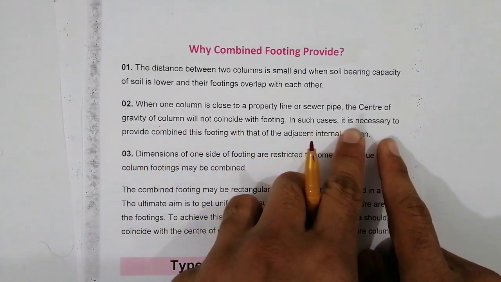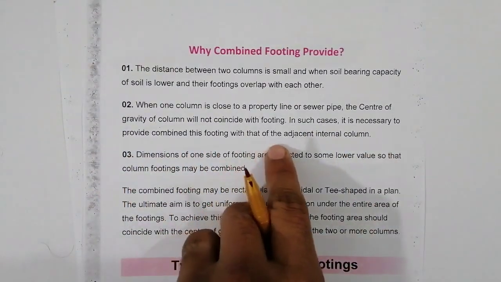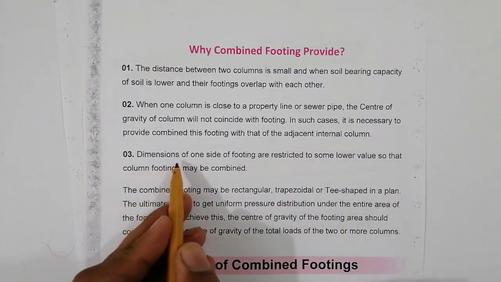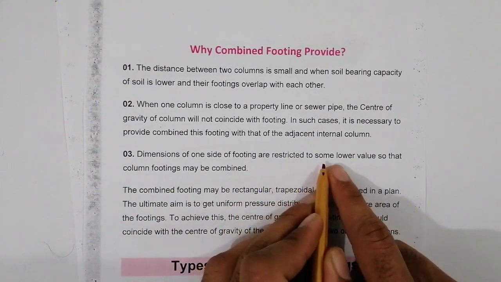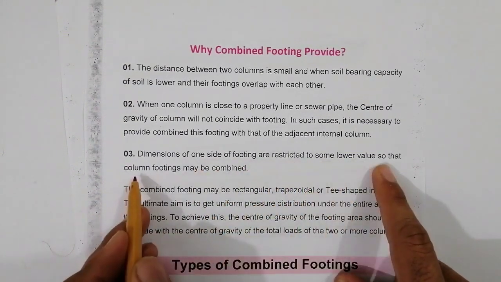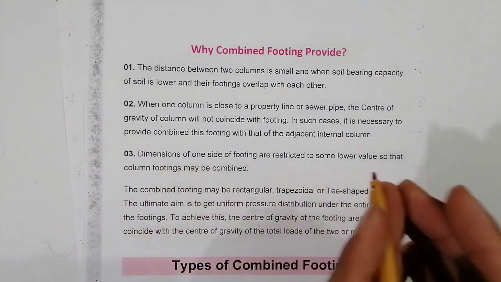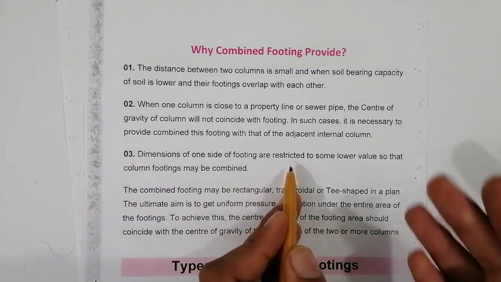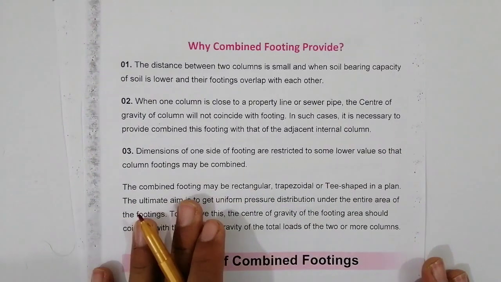So in that case it is necessary to provide a combined footing with the adjacent internal column. Third, the dimensions of one side of the footing are restricted to some lower value. In that case the column footings may be combined. So when the dimension of one side of the footing is restricted, in that case we also provide a combined footing.